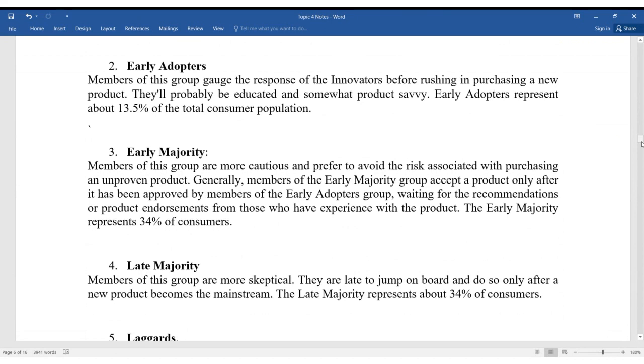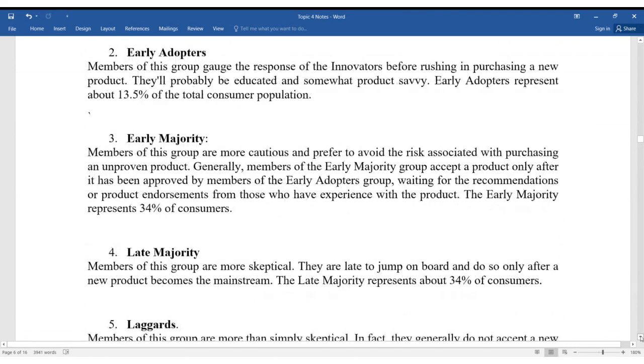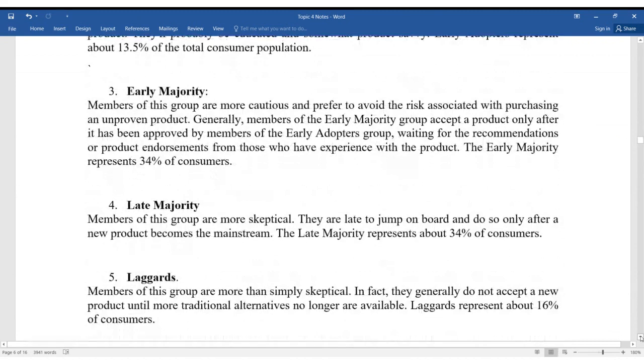That's where, now, this is another group that makes the innovators want to look for a better product, because once everyone has it, then it has no prestige. It has no name. Then an interesting group here known as Laggards.